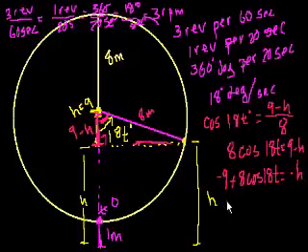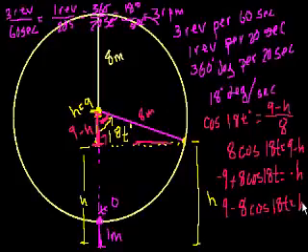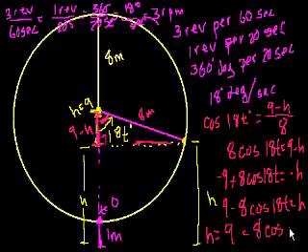And then you get positive 9 minus 8 cosine of 18t is equal to h. Or h is equal to 9 minus 8 cosine of 18t. So there we have it. We have expressed h as a function of t. And in the next video, I'm actually going to graph this function. See you soon.